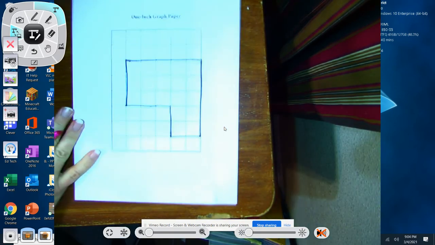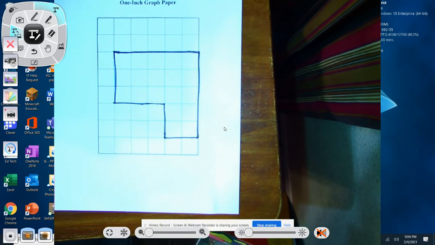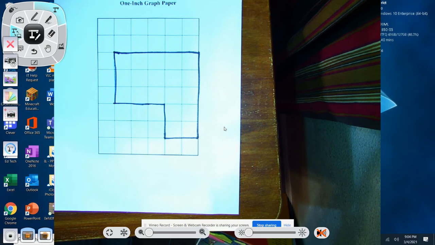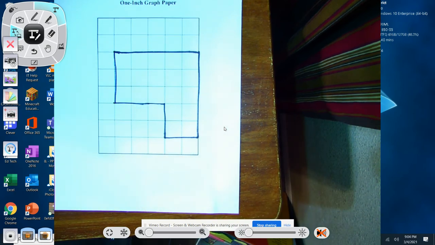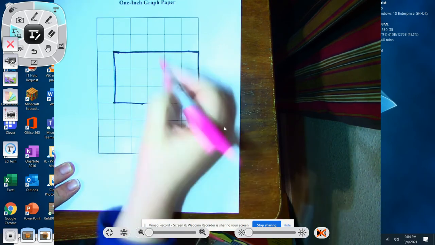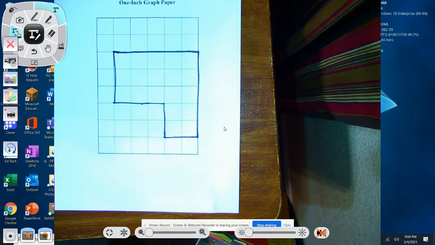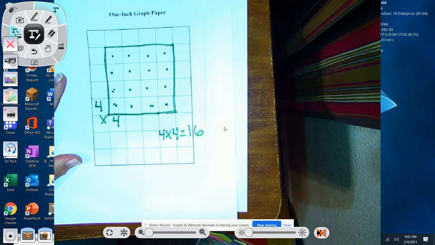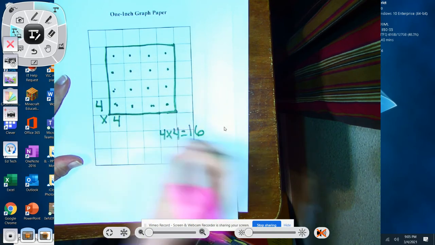All right, friends. So today we're going to learn a little about the distributive property. So let's look at this shape right here, this polygon. I could count each of these, but I know that if I want to figure out the area of this big shape, it might be easier if it was like this one we had done earlier today, where it was one shape where I could count 4 down, 4 across.